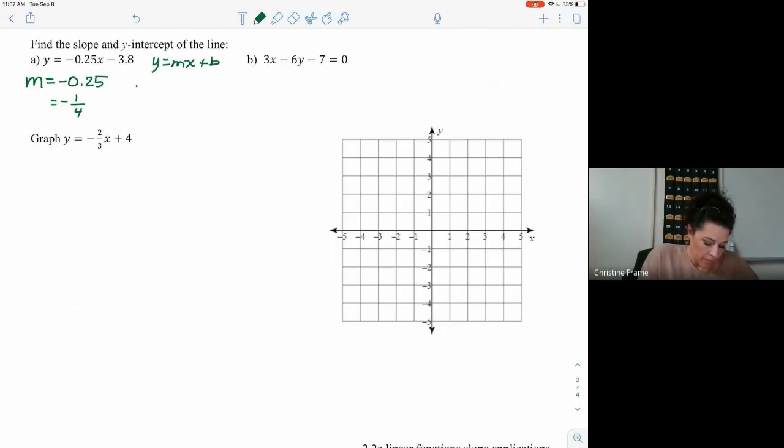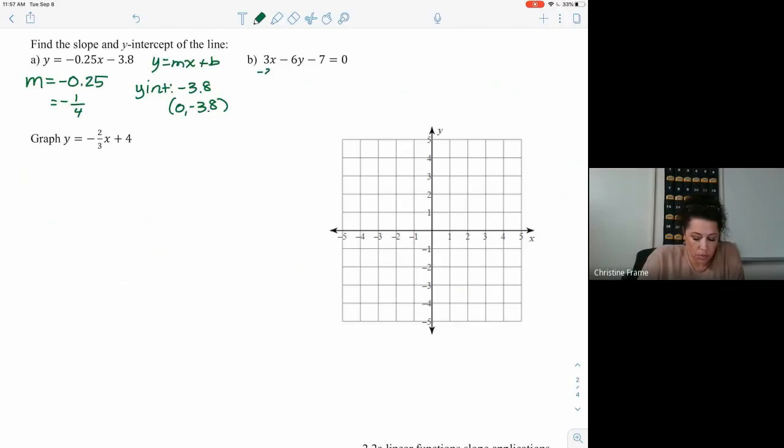And your y-intercept is negative 3.8, or the coordinates 0, negative 3.8. I don't care which one you do, just be flexible and be able to go back and forth between those 2 options.